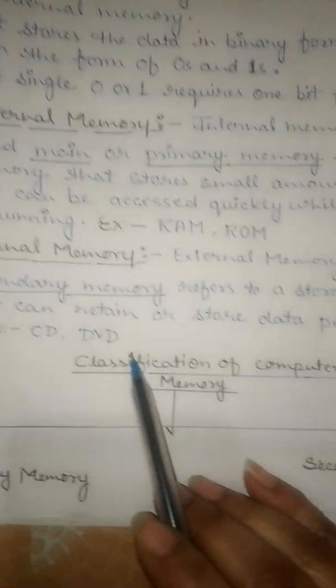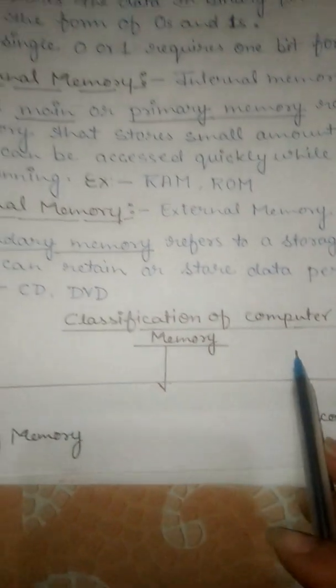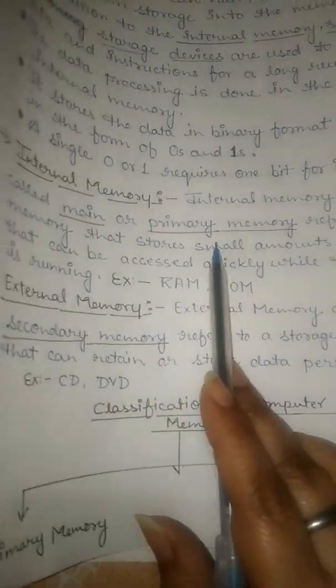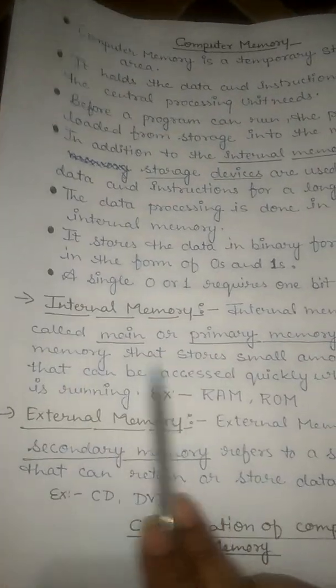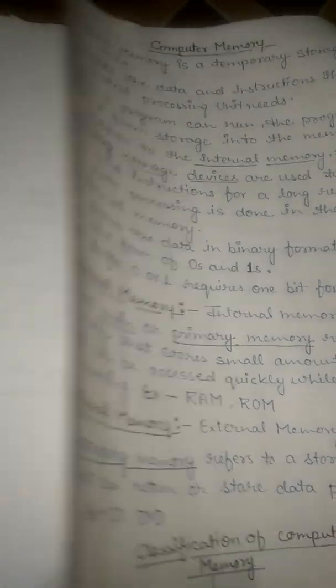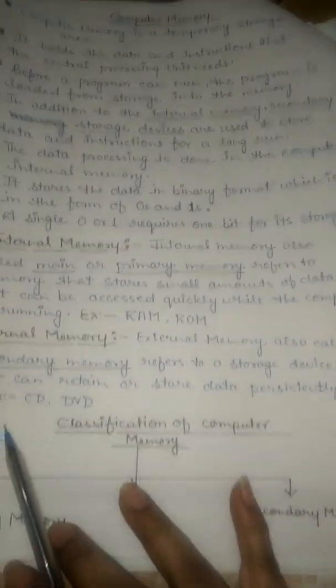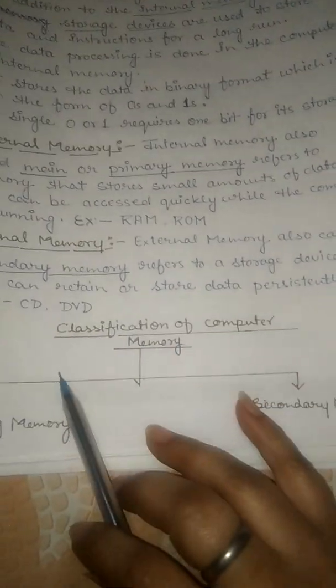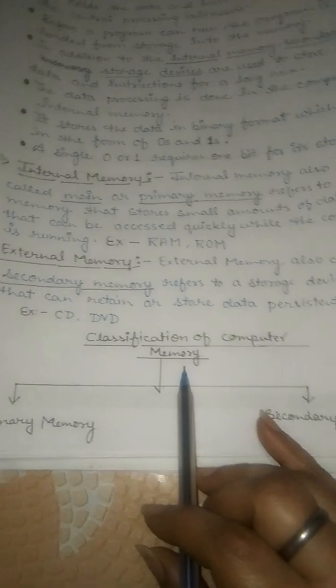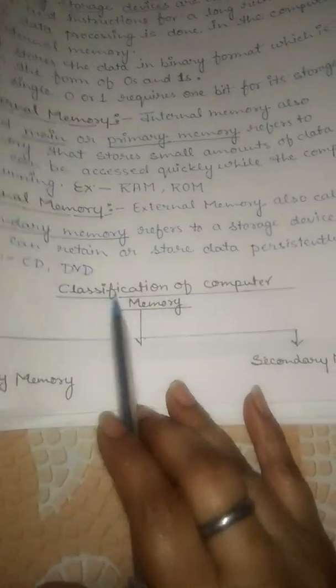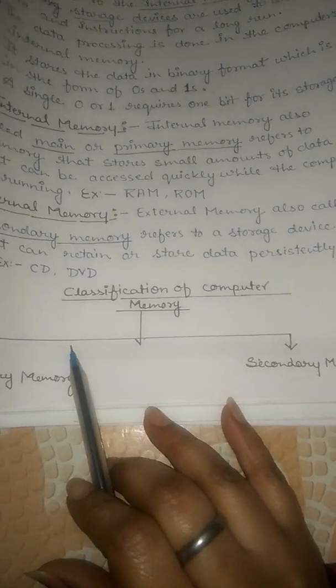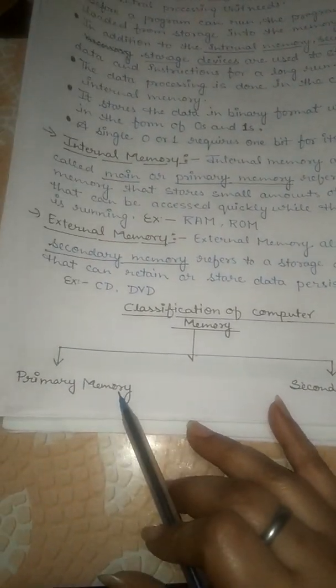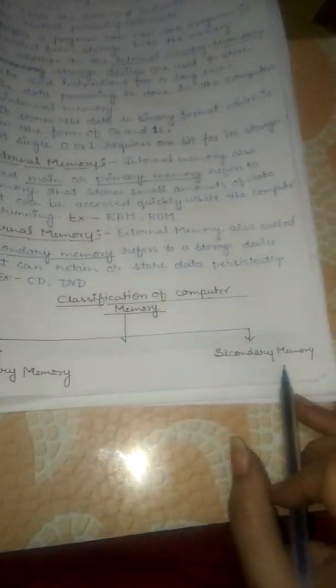Internal memory refers to memory that stores a small amount of data, and external memory refers to a storage device. Is that clear now? Any confusion? So ask me. Now next point is classification of computer memory. First one is primary memory and second one is secondary memory.